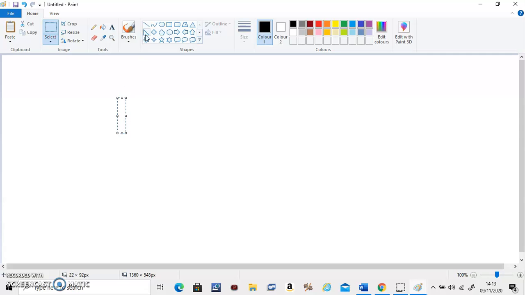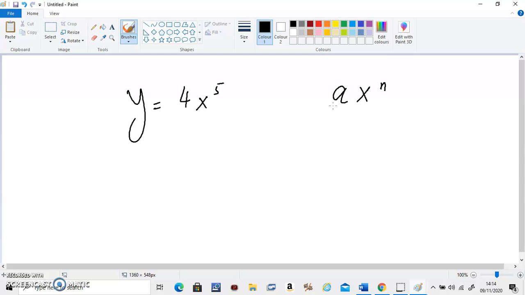Okay, let's do one more. I'll give you another one. y equals 4x to the power of 5. Now this is also of the form x to the n. The only difference is there is a constant before x to the n. So you keep the a as it is and apply the formula to x to the n, so it becomes a times n x to the power n minus 1.